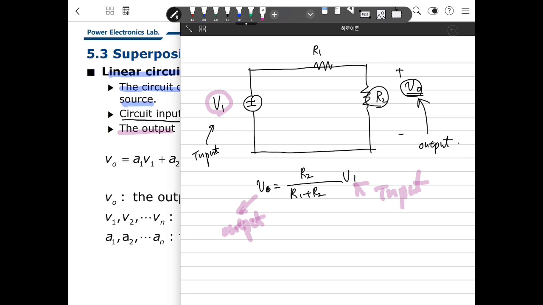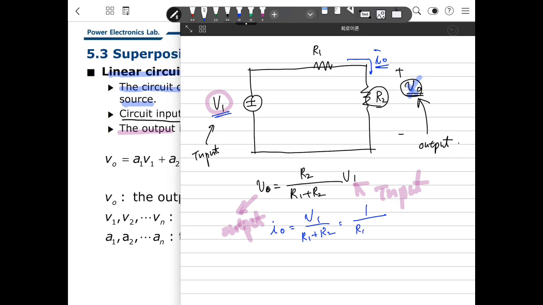What is the input and what is the output depends on you. So we can define the output not as the voltage. We can define the output here, the current. Define the current IO. And then the relation between IO and V1 is IO will be V1 divided by R1 plus R2.